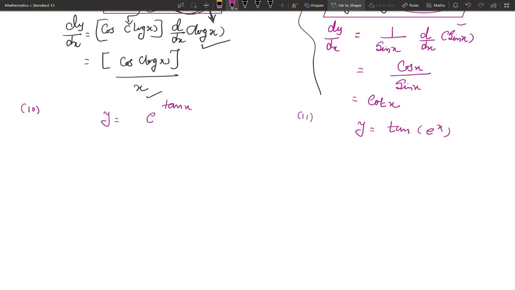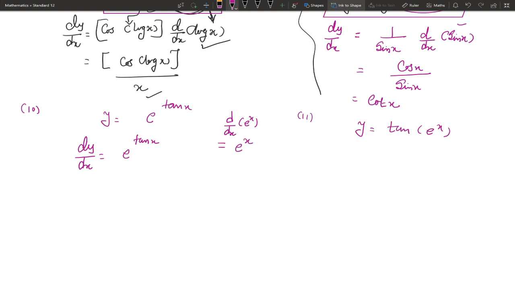Here when we differentiate y equal to e raised to 10x, dy by dx, first we use the formula d by dx of e raised to x, it is e raised to x, so e raised to 10x.